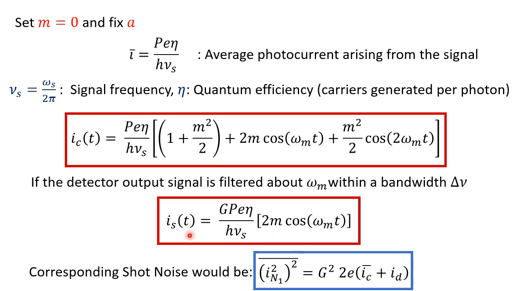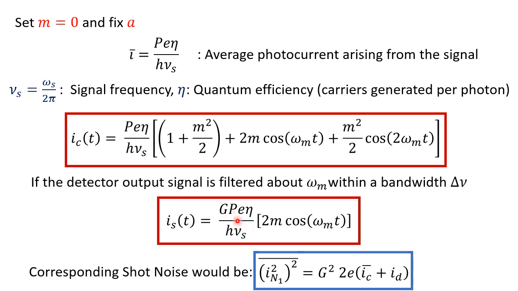So the shot noise I can get essentially from my I C bar, which is the average current arising from the signal itself, and you have I D, which is my dark current. So this becomes my corresponding shot noise for such an input signal.